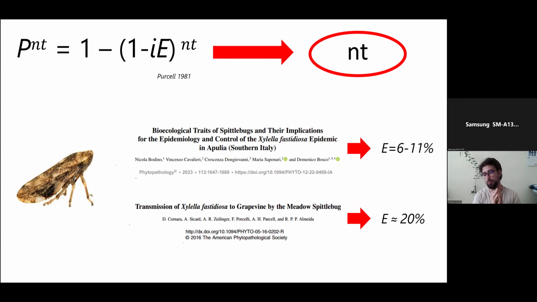This combined factor is called vector activity, and it is especially important for insects with a relatively limited transmission efficiency of Xylella fastidiosa.